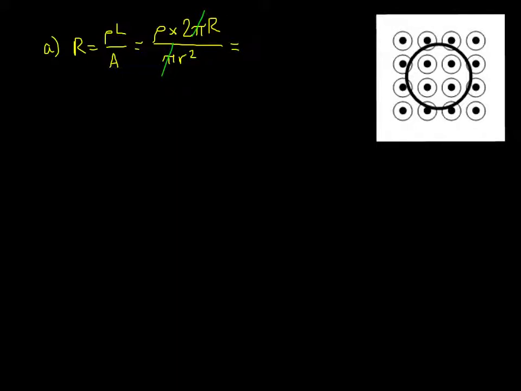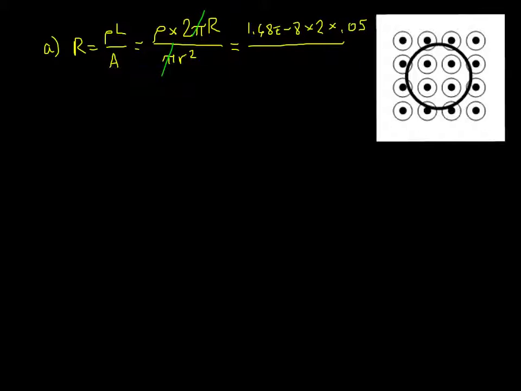So we're left with rho, which is 1.68 times 10 to the negative 8, times 2 times the radius of the loop of wire, which is 5 centimeters or 0.05 meters, divided by r squared, where r is the radius of the wire itself.